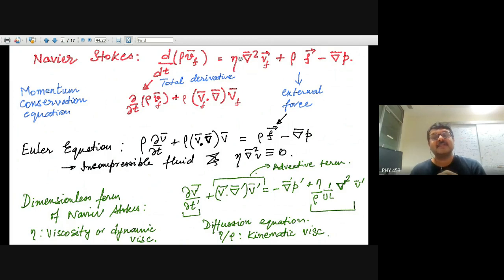Except now, this is the diffusion constant for momentum diffusion. Previously, you might have come across D as the diffusion constant of certain molecules, but here you are really talking about the diffusion constant of momentum transport, momentum diffusion.